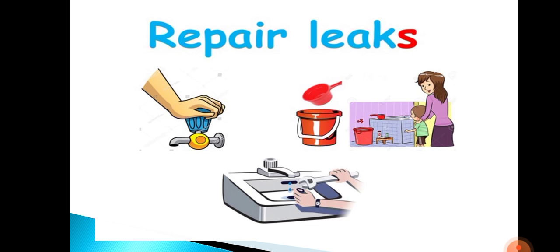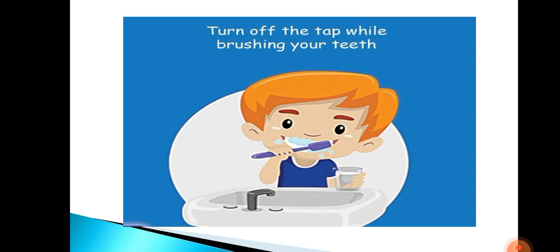So students, we should always repair the leaking pipes so that the water doesn't get wasted. And while washing our hands, we should use the water carefully and we should never waste it. Then we should also turn off the tap while brushing our teeth, so that it doesn't get wasted unnecessarily.